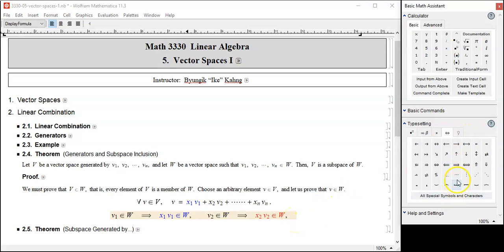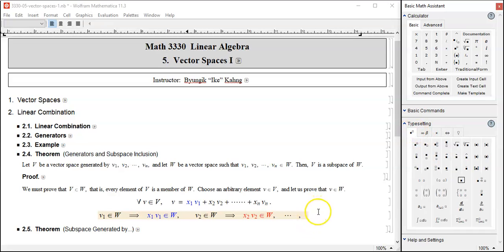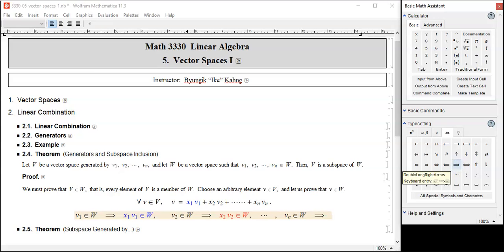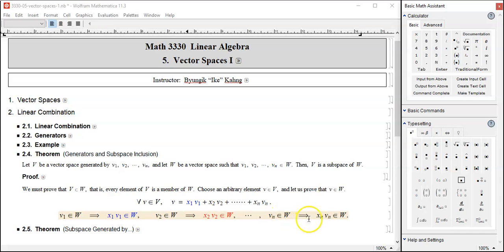And we'll just repeat this. And then please observe that Vn belongs to W. Therefore, Xn Vn belongs to W. And then let's go back to this linear combination here.